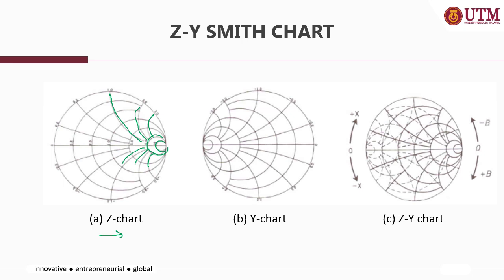The Y chart represents the admittance, and Z represents the impedance. Another, more complicated chart combines both the impedance and admittance on the same chart.